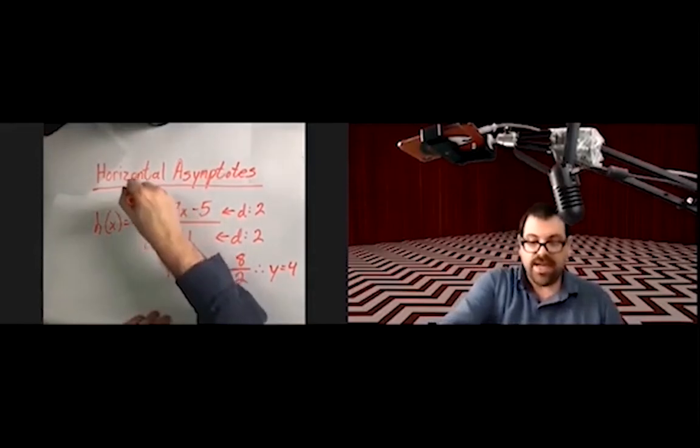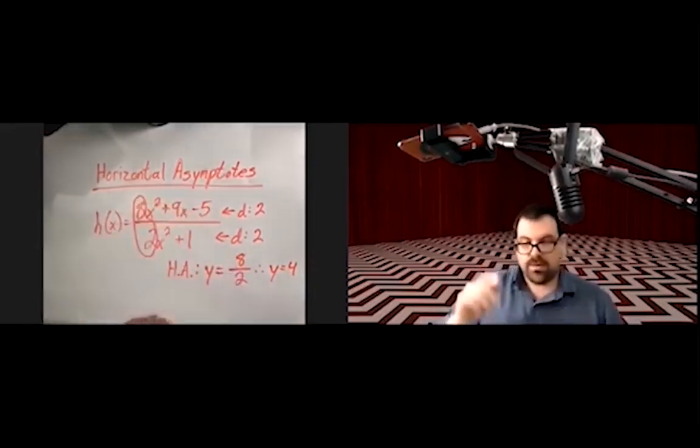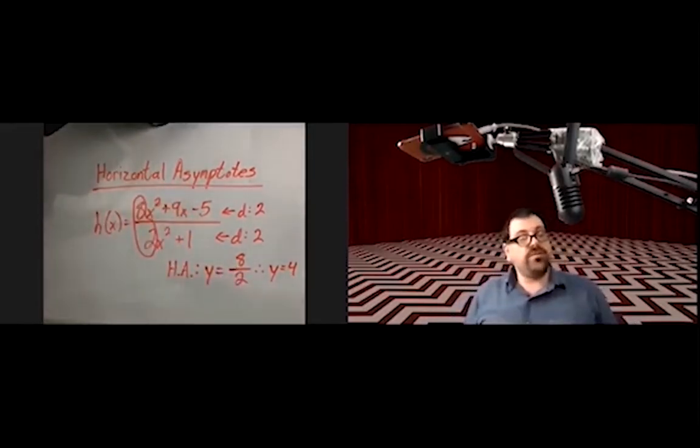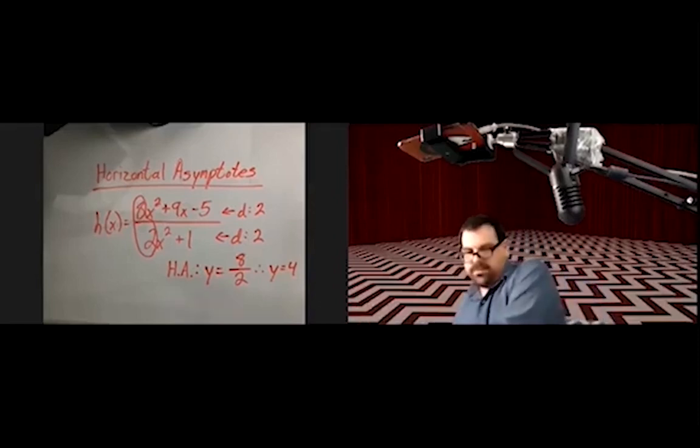When the degrees are the same, the ratio of the leading coefficients gives us our horizontal asymptote. 8 over 2 is 4. You say, what? I say, yep.